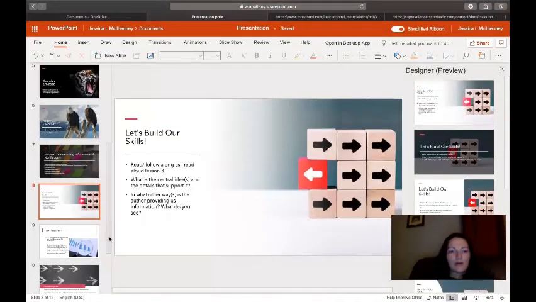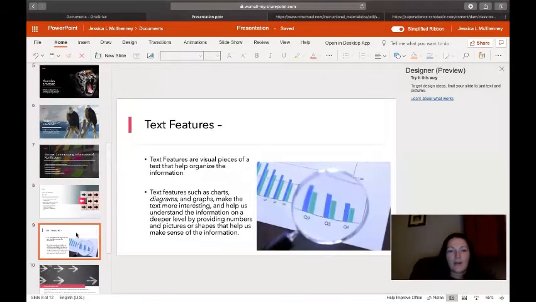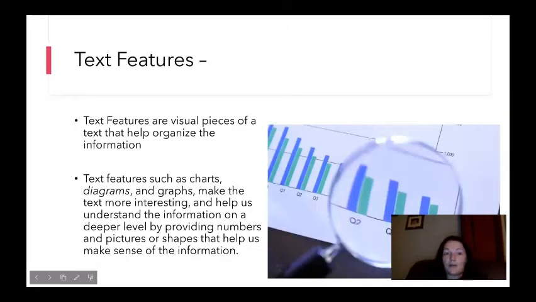All right, so let's move forward and discuss, well, what are these? So these are text features. Now, diagrams are just an example of one text feature, but let's review text features. Text features are visual pieces of text that help organize the information.